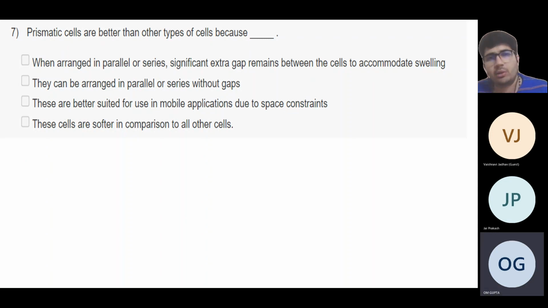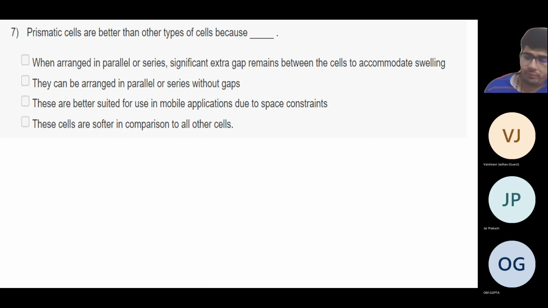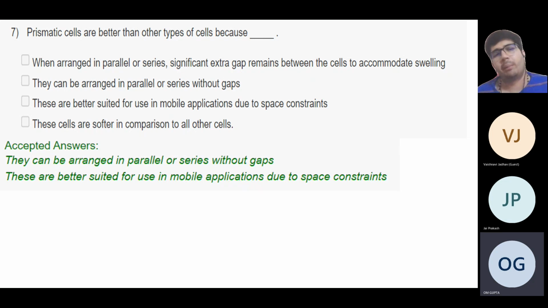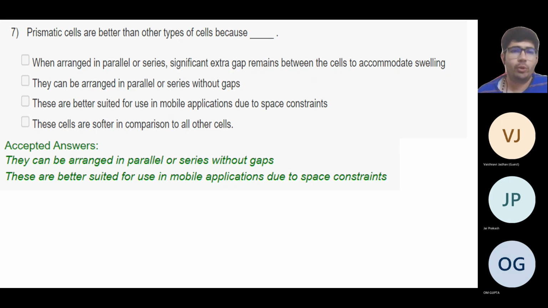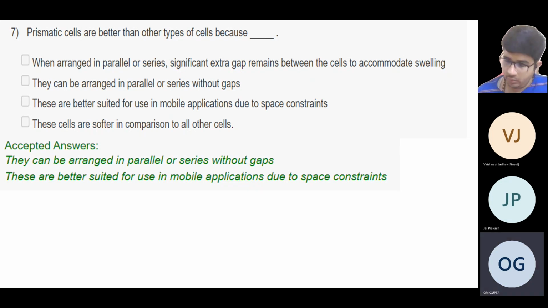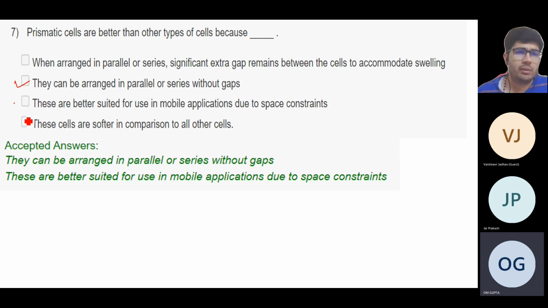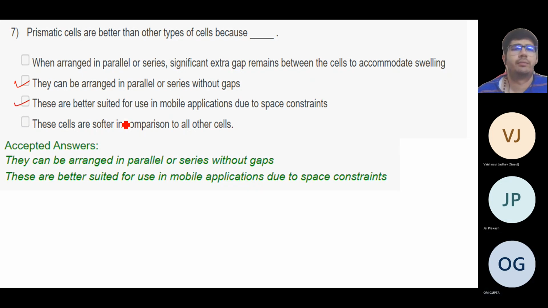That is also a quality of this prismatic cell. So the correct answers are they can be arranged in parallel and series without gaps, and these are better suited for use in mobile application due to space constraint. So option B and option C are correct.